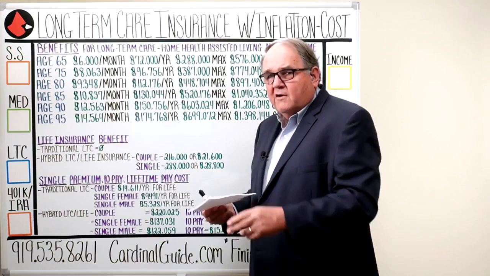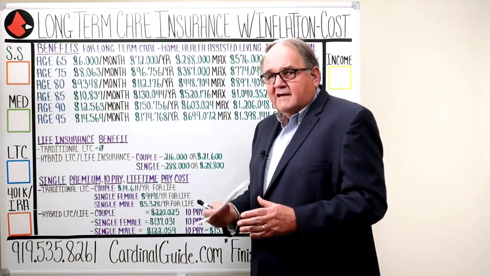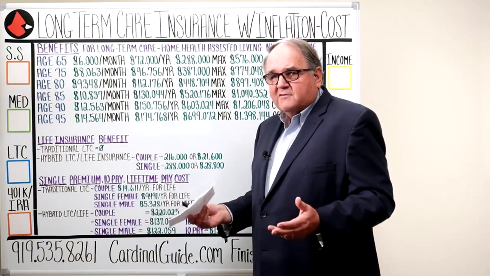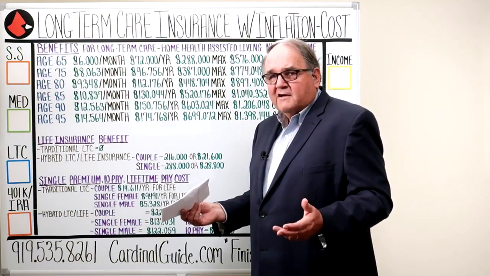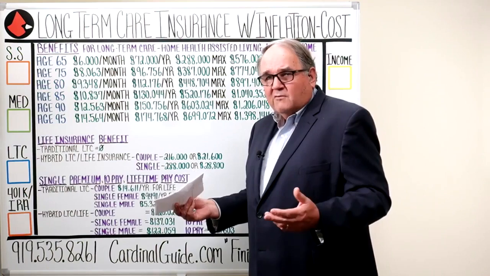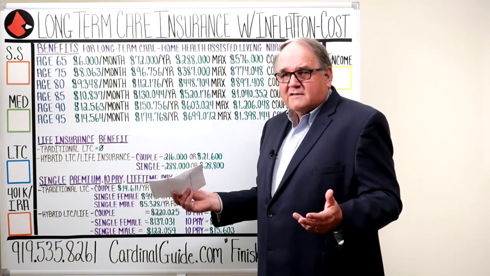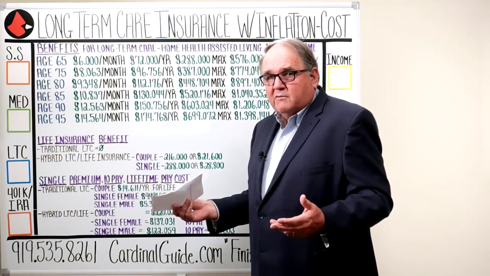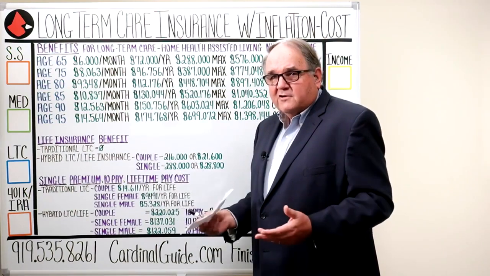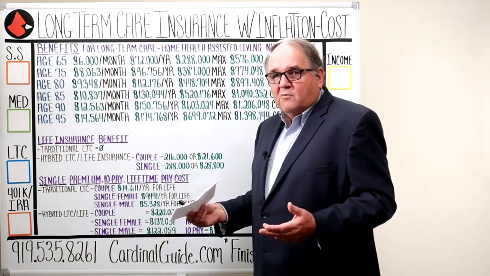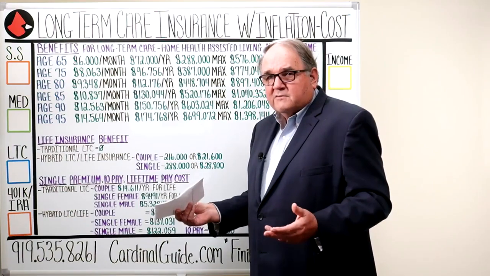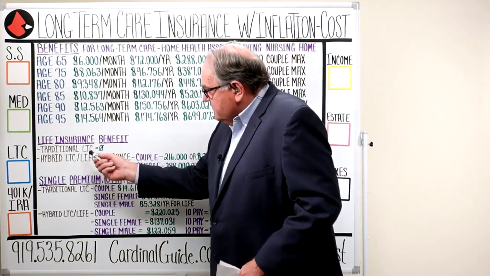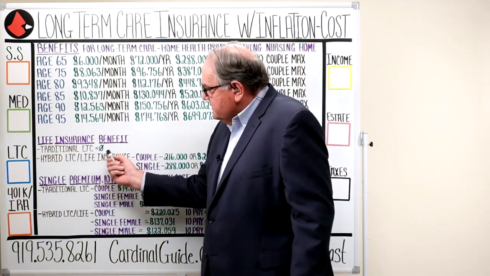Well, I'm going to pay into that for all those years, and I'm going to have a heart attack, and pass away and never go in a nursing home, or never go to assisted living, never use home health care. It's all for nothing. Well, that's kind of the way insurance works. You pay premiums. You don't get a rebate on your fire insurance or your homeowner's insurance if you went 30 years without a major claim. But in any case, that's traditional. There is no life insurance benefit on traditional long-term care.